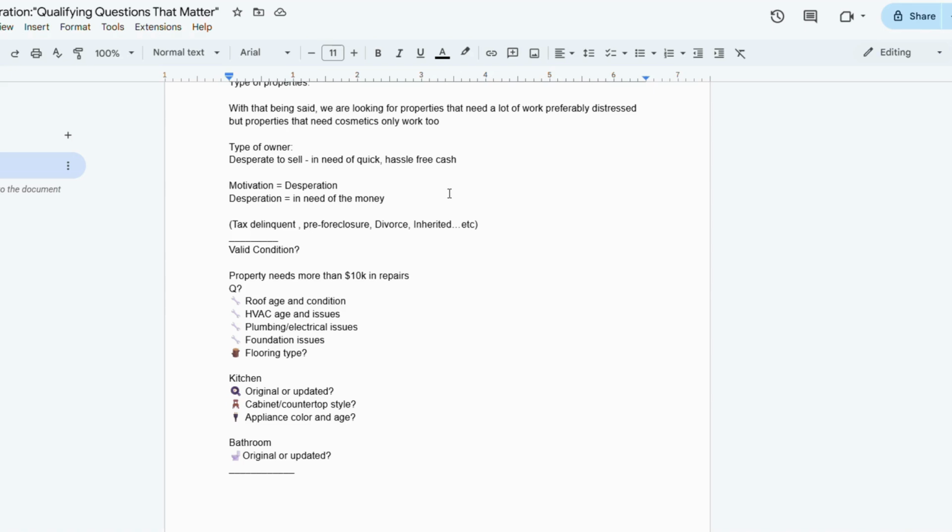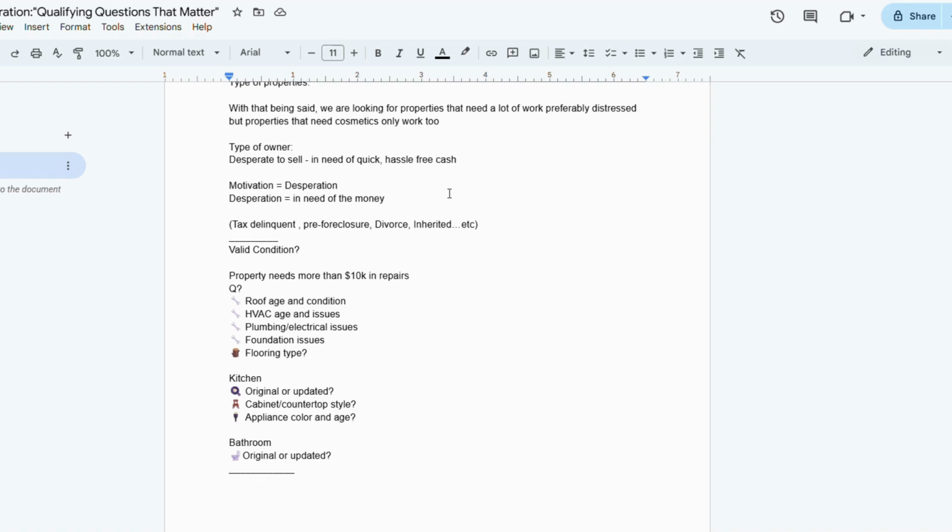These are properties that need work. And if it needs work, it means I am able to give a low offer without any issues. But if it's a 10 out of 10 or a 9 out of 10 property, I won't be able to give a low offer on that. So that doesn't really work for me as a wholesaler, especially if I'm only working with cash.